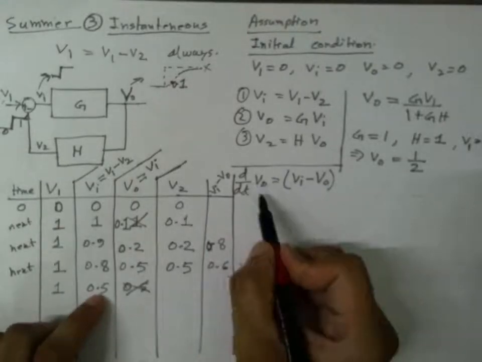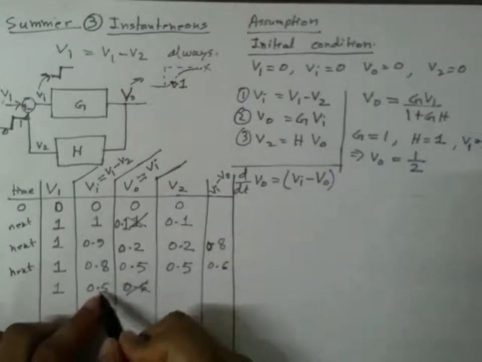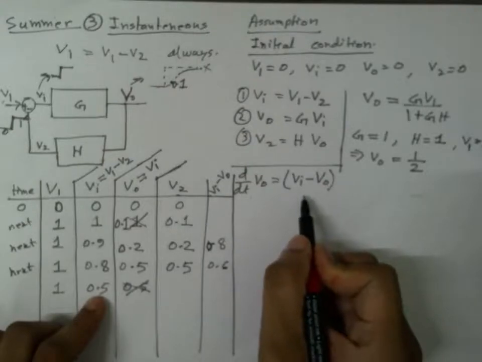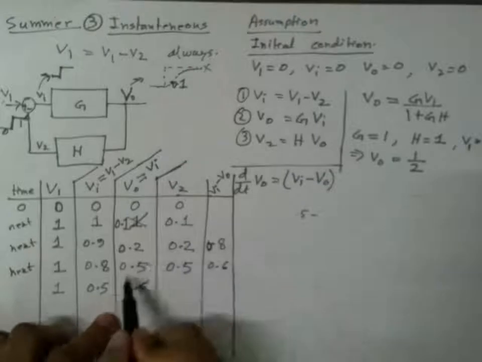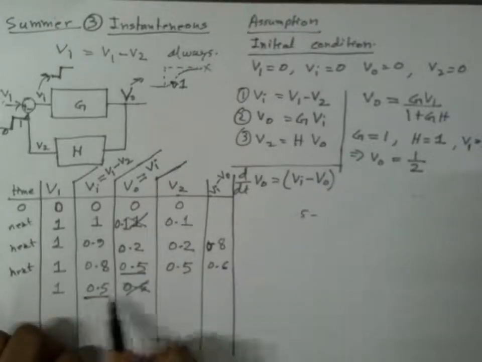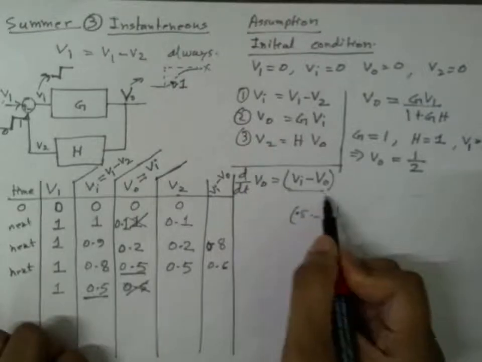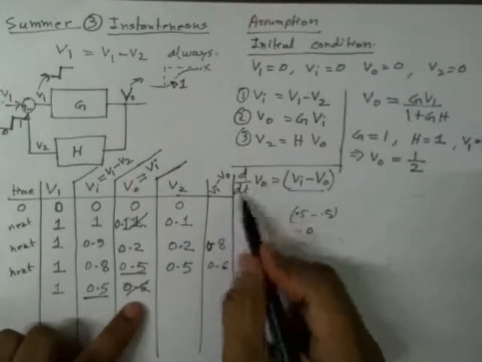Let's see. This is 0.5. Now VO is already at 0.5. So 0.5 minus 0.5 is equal to 0. So that means the output will not change any further.